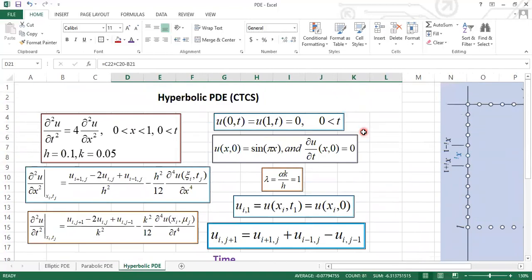So this completes the tutorial on the center time, center space problem with two boundary conditions and two initial conditions, where one initial condition is given at t equal to 0, the initial position of points, and the other condition is given as their initial velocity.